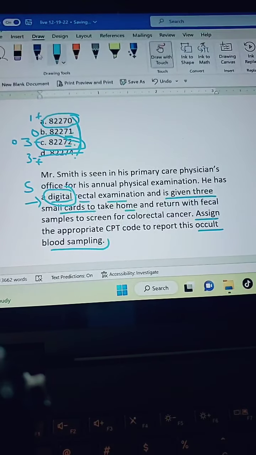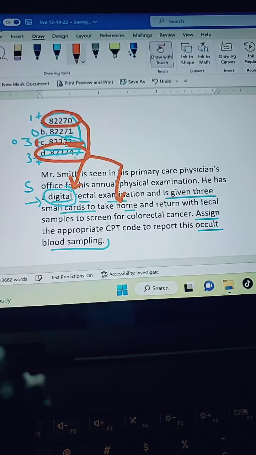Sorry. God, I hate these codes. Okay. That's the 3 home kit right there. And then this one is the digital. These 2 others aren't collected with fecal matter.